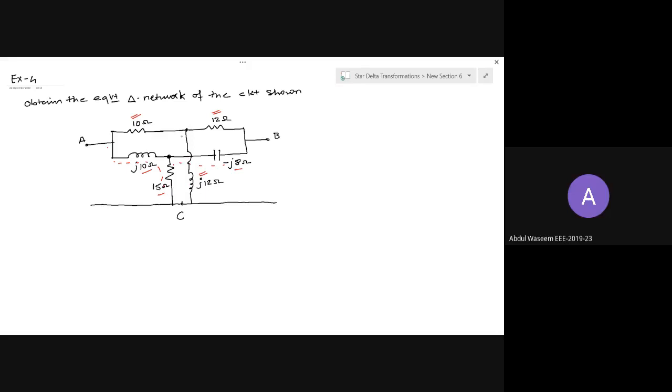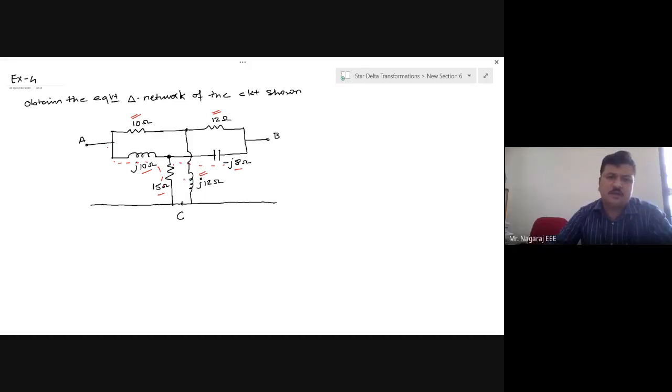And sir, these two star networks are connected in parallel at terminals A, B and C. So I have one star network. I have another star network.